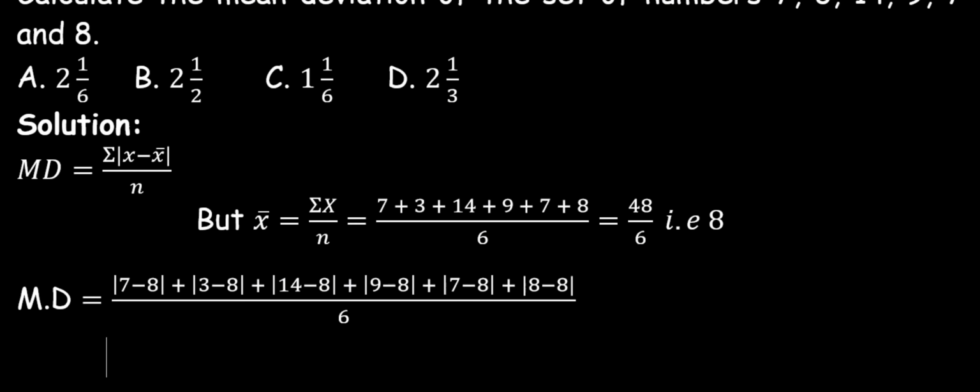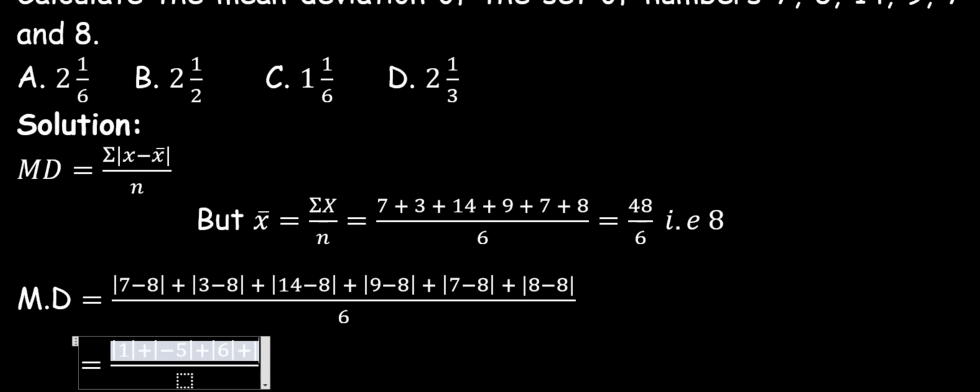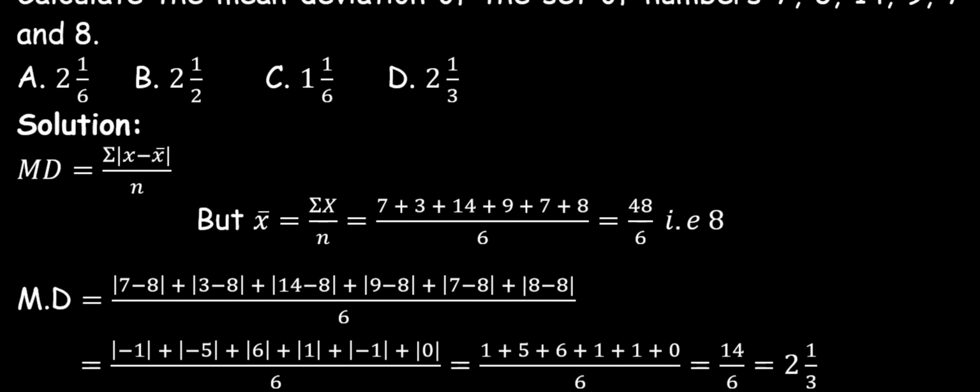Our result will be the absolute value of minus 1, the absolute value of minus 5, the absolute value of 6, the absolute value of 1, the absolute value of minus 1, plus the absolute value of 0, all divided by 6. That equals 1 plus 5 plus 6 plus 1 plus 1 plus 0, all over 6. That gives us 14 over 6, which equals 2 whole number 1 over 3.